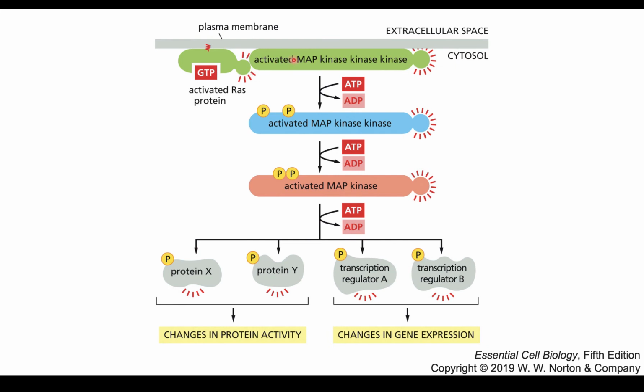RAS activates MAP kinase kinase kinase, which activates MAP kinase kinase, which activates MAP kinase, and then MAP kinase can phosphorylate a number of different target proteins that may cause fast effects, things that happen fairly quickly, like changes in protein activity, and also effects that take longer, like transcription and translation. We will see a modified version of this receptor tyrosine kinase pathway in the insulin signaling case study that we're going to do on Monday.